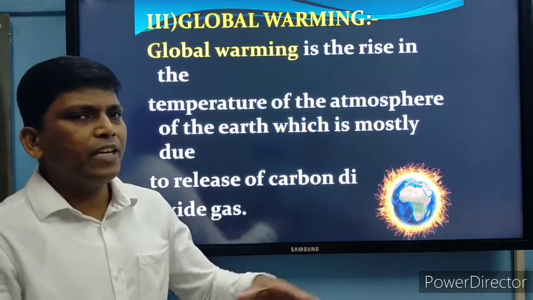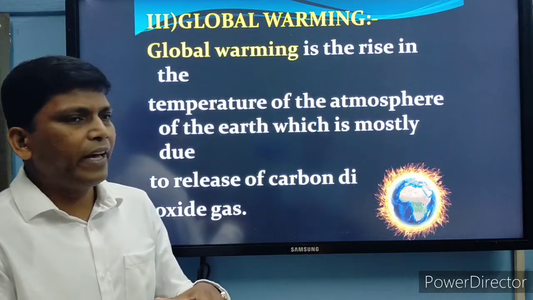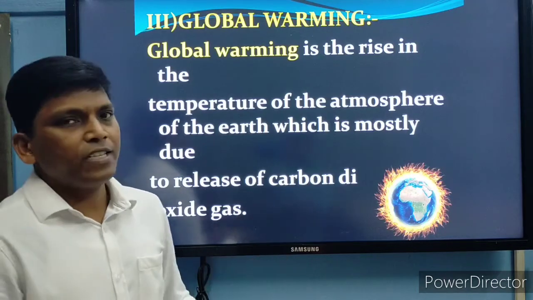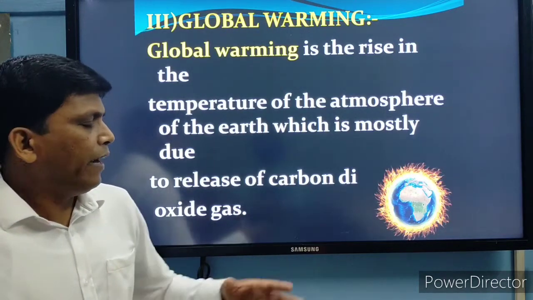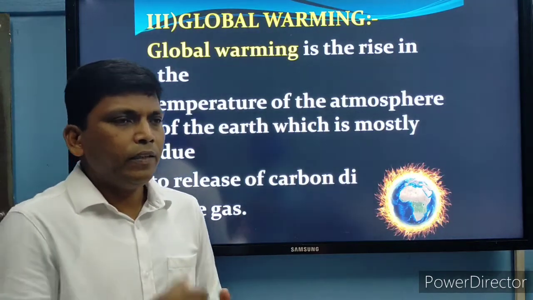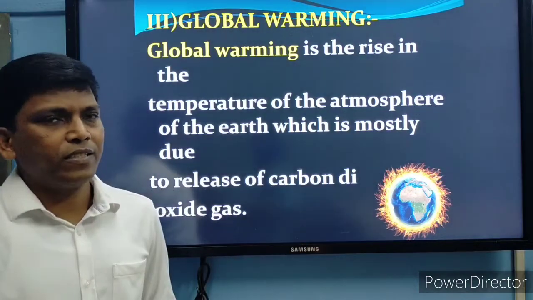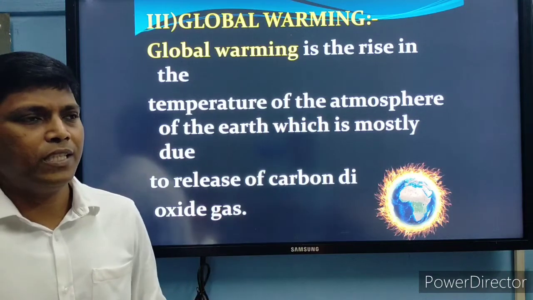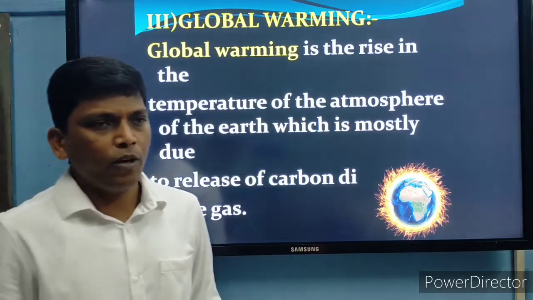But nowadays the concentration of carbon dioxide and other greenhouse gases like methane is increasing due to burning of fossil fuel, and too much heat is trapped inside our atmosphere, and because of that the temperature of the earth is increasing, which is called global warming.